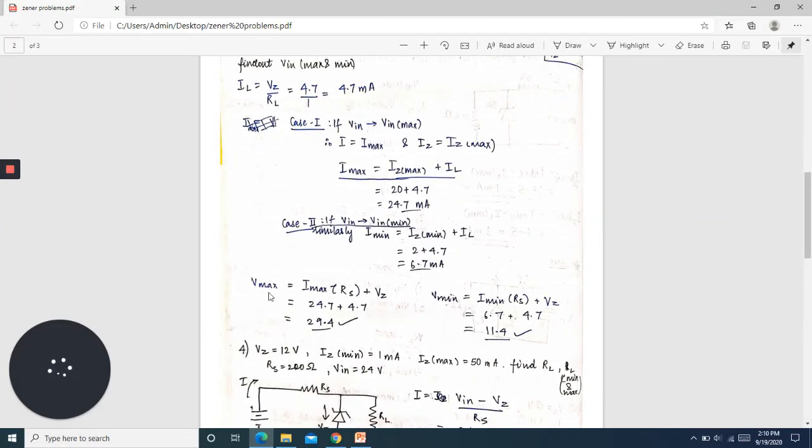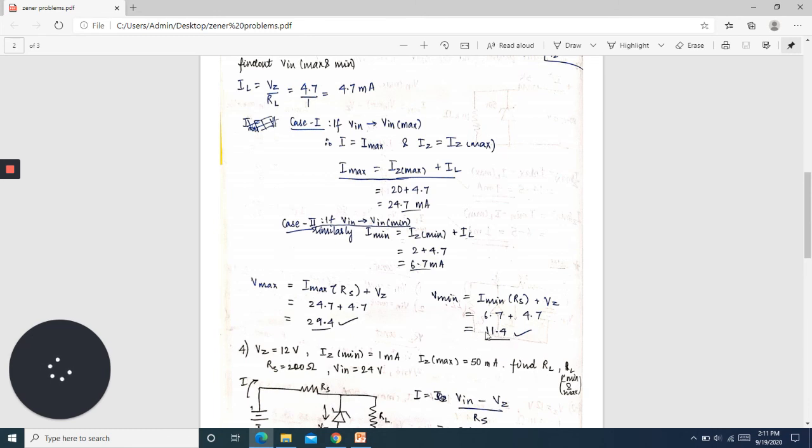As we know, voltage drop is I into R. So V max is equal to I max into Rs plus Vz, and V min is equal to I min into Rs, that is the voltage drop across Rs, plus the Zener voltage.